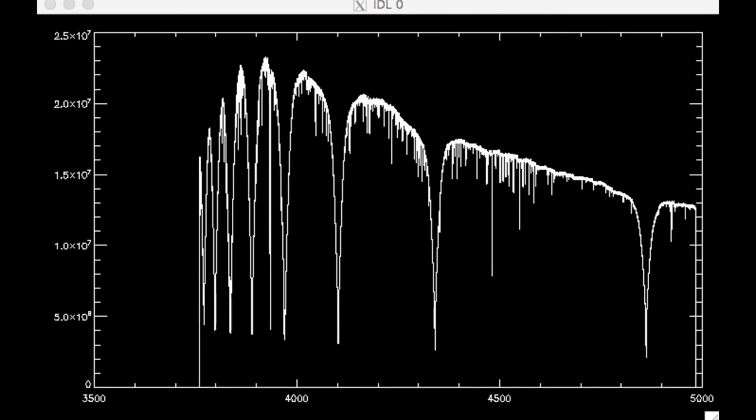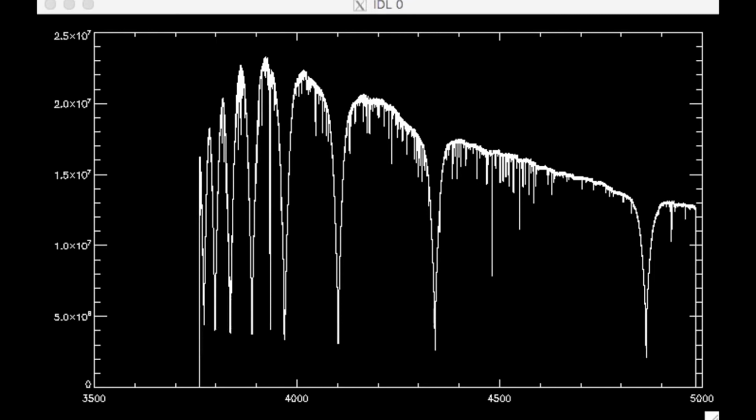And every line that you see here is hydrogen, except for these buggers, which are not noise. This is what I meant by the metallic lines.